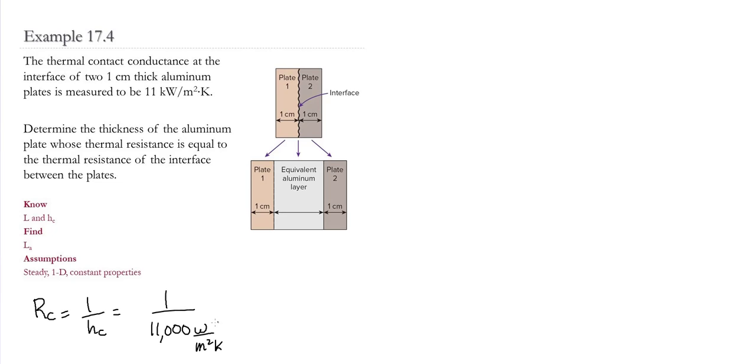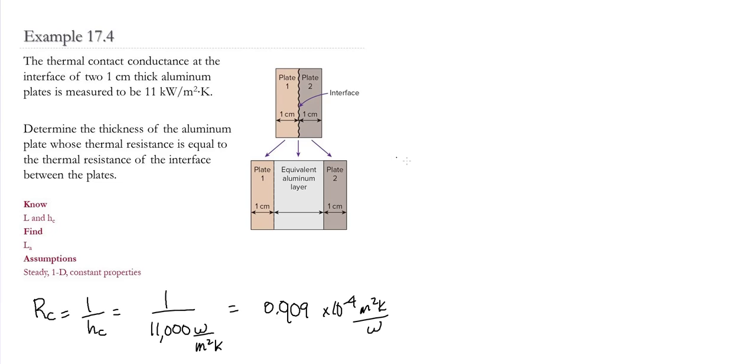And then we find this resistance to simply be 0.909 times 10 to the negative 4 meters squared Kelvin per watt. So now this is the contact resistance that we currently have at the interface.